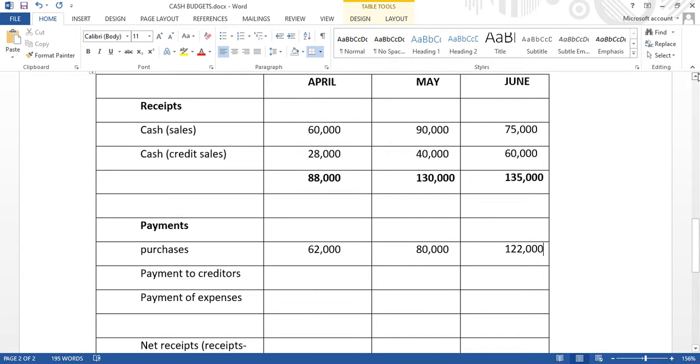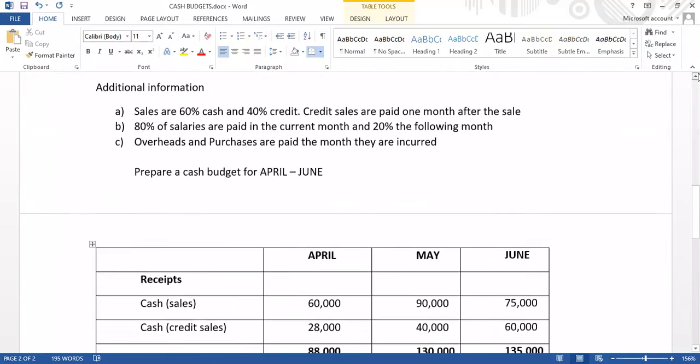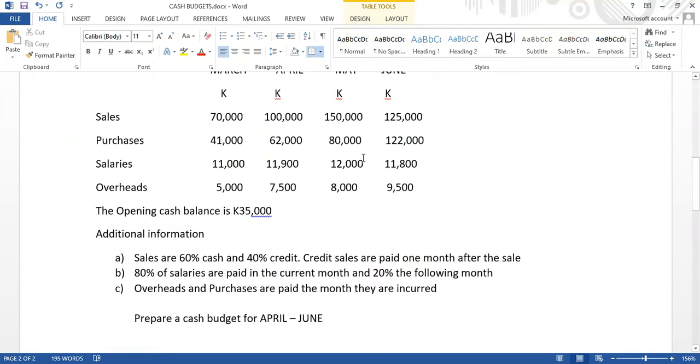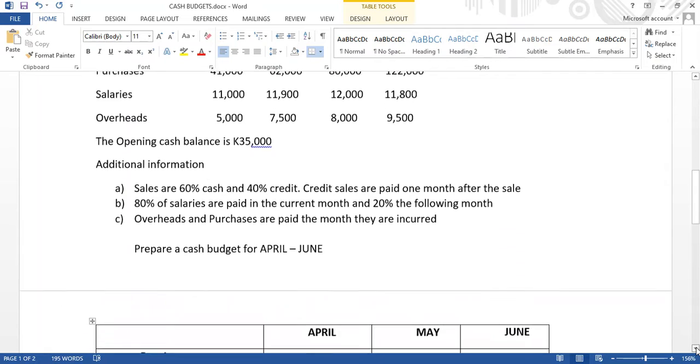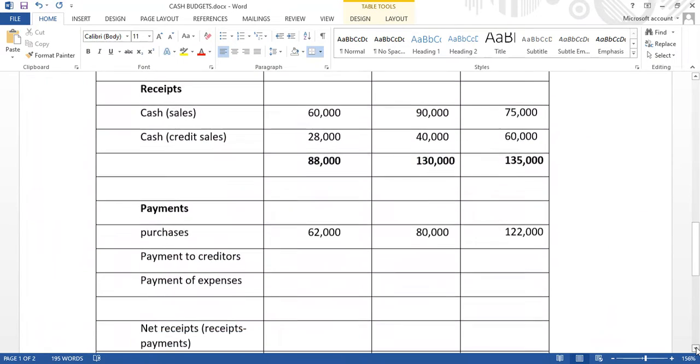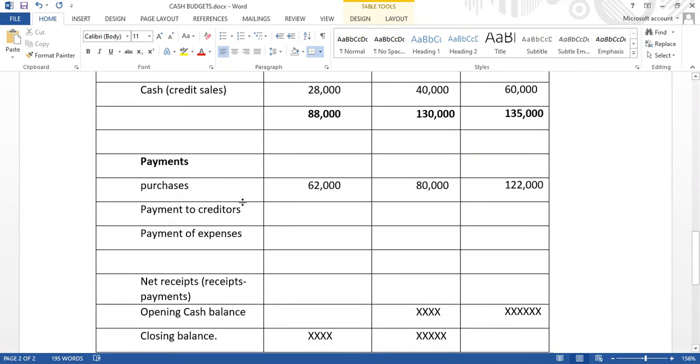All right. Payment, let's see, do we have any payments to creditors? No. Okay, we've got overheads. Overheads. April 7,500, May 8,000, June 9,500. So here are payments to any creditors.